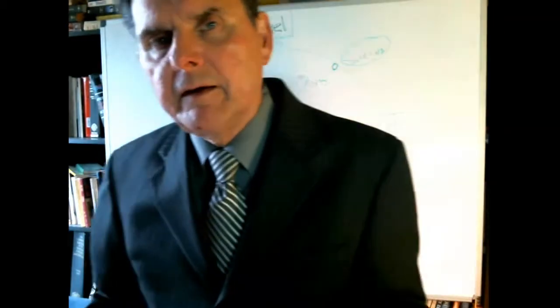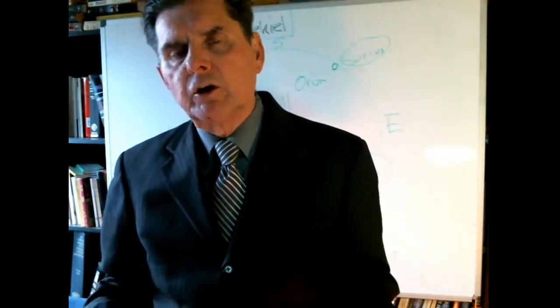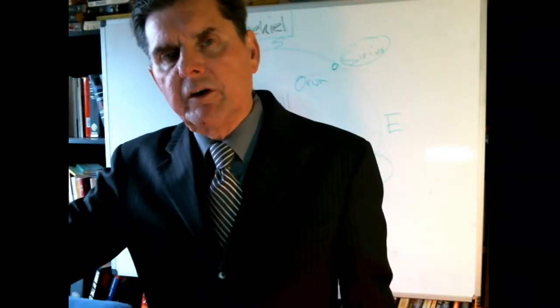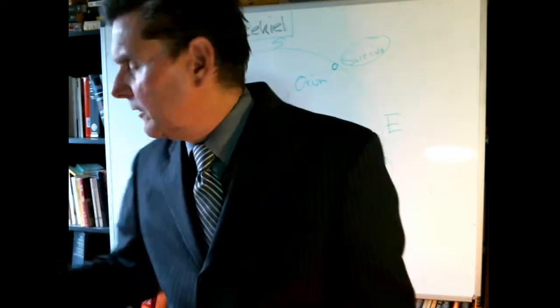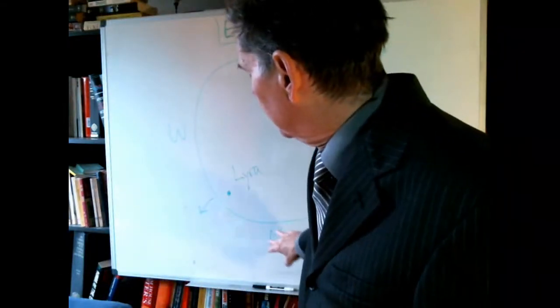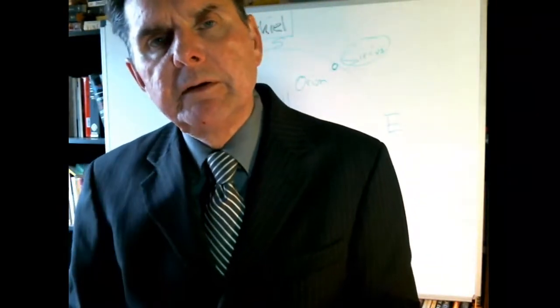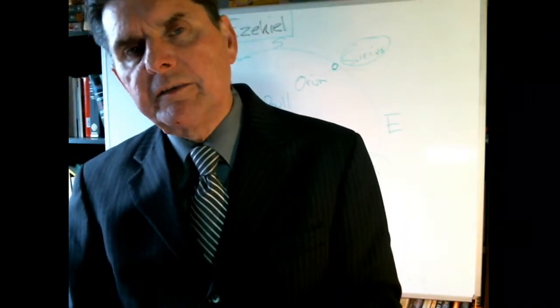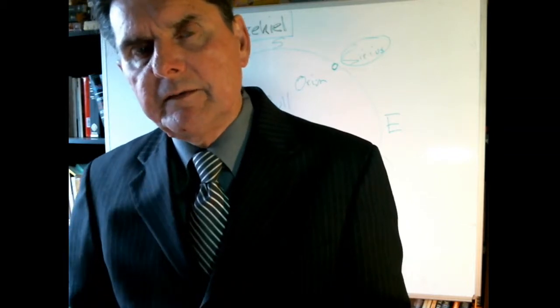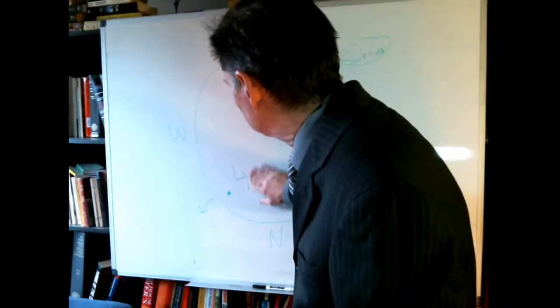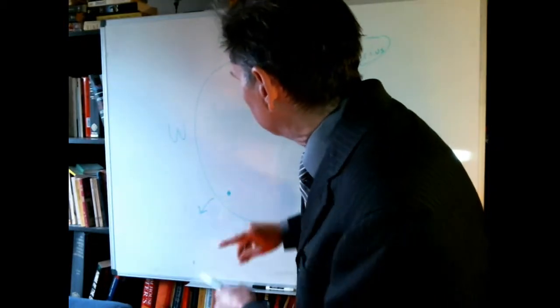Lyra, at the beginning of the Holocene, at the beginning of agriculture, was the North Star, and now it has drifted way away from north over time, but it was the North Star. Lyra is the constellation. This is the star Vega.